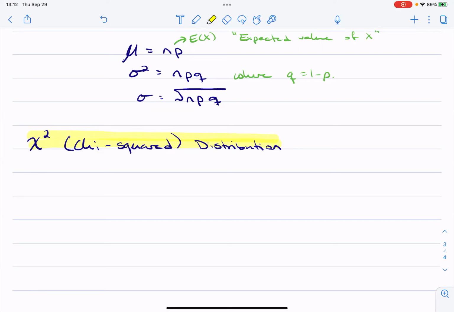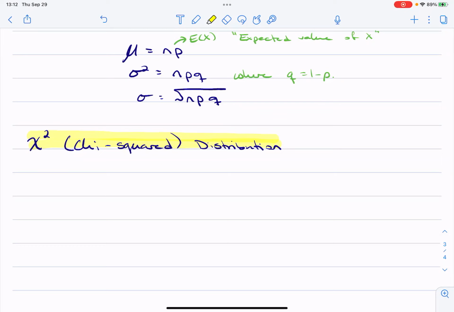Chi-squared distributions are used for counts. And the reason for that is because we have methods of seeing, okay, is the mean significantly different from this number, or are these two means significantly different from each other, right? If we have numerical data, we have the tools to deal with that, but we don't necessarily have the same tools for counts, right?